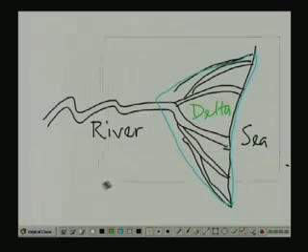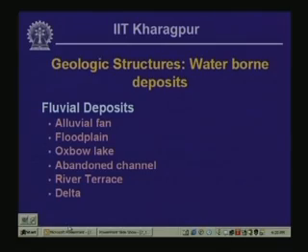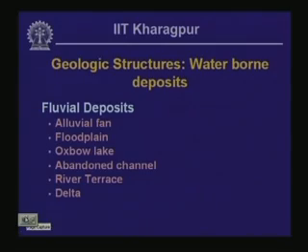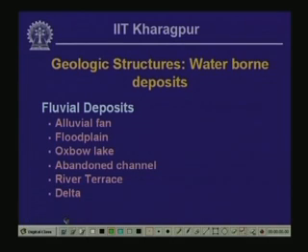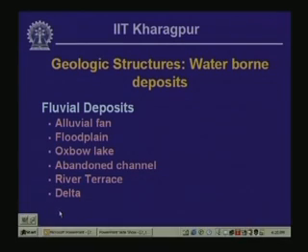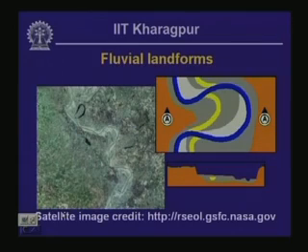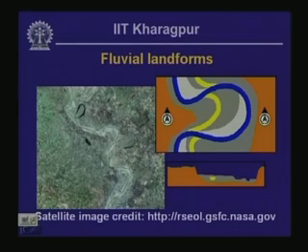Okay. The other features are illustrated in this satellite image that is shown on the left of the figure. It is taken from a NASA satellite. It shows the river Ganges a little bit north of Kolkata.